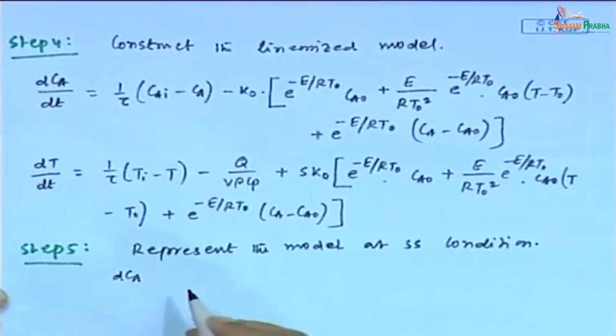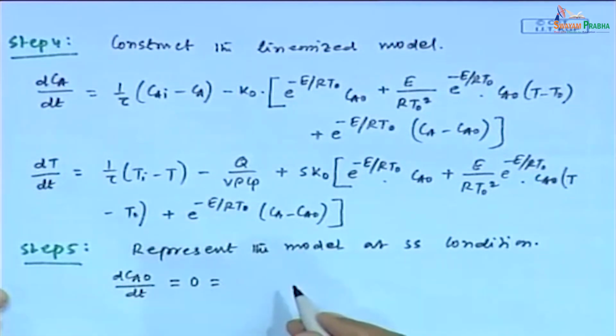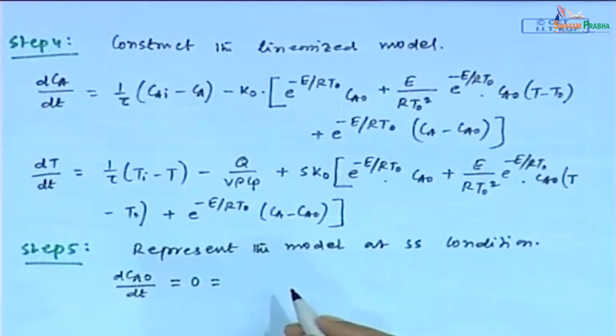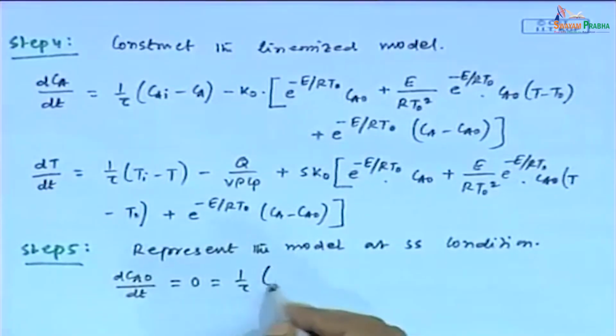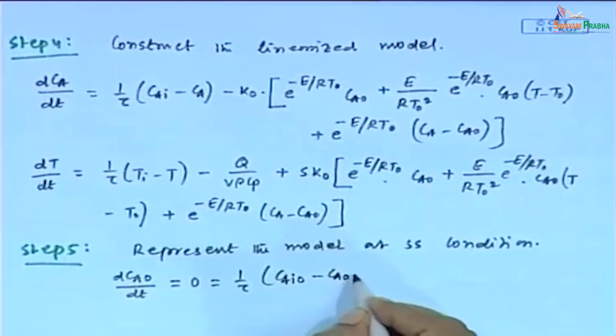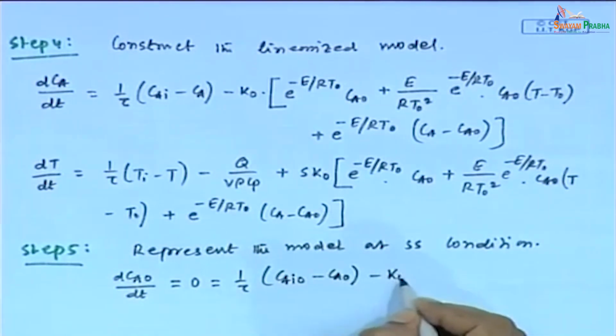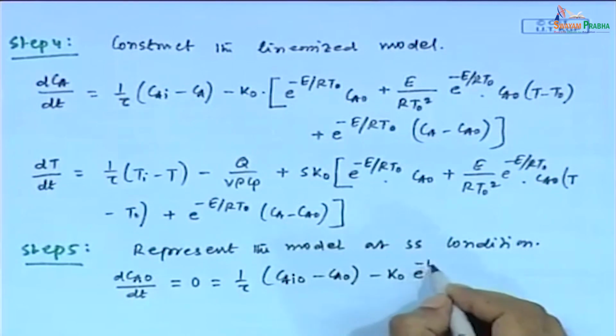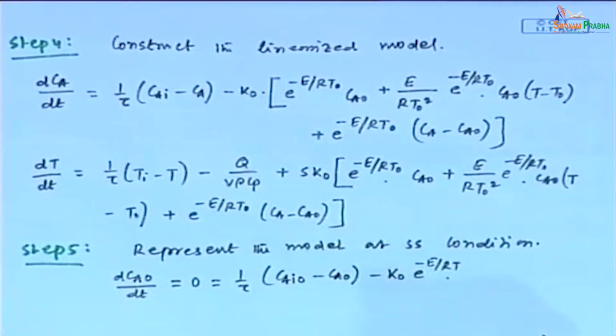So, if we represent at steady state, then we get these equations. It was dC_A/dt, so we are just adding the suffix 0 to represent the steady state. 1 by tau, C_Ai naught minus C_A naught, minus K naught exponential of minus E divided by R T naught, C_A naught.